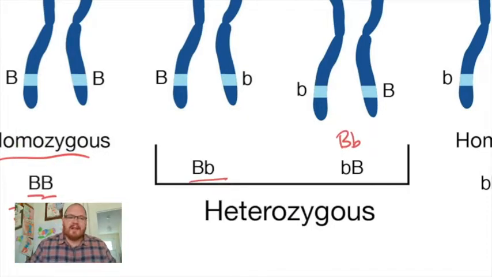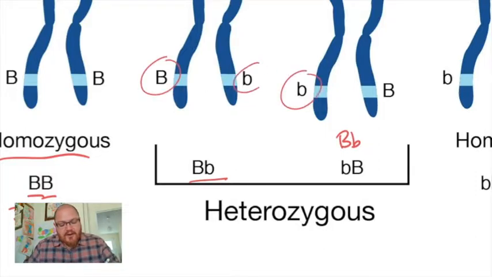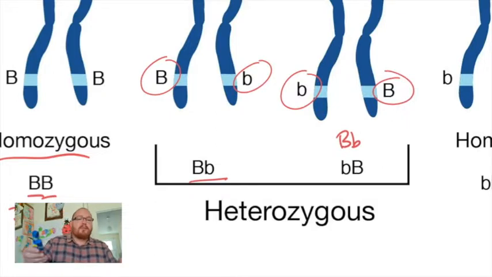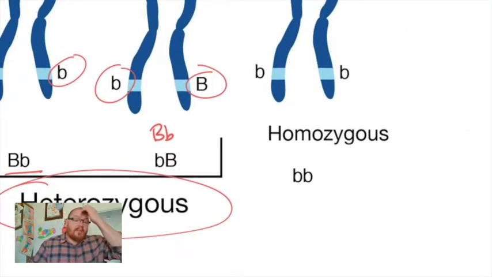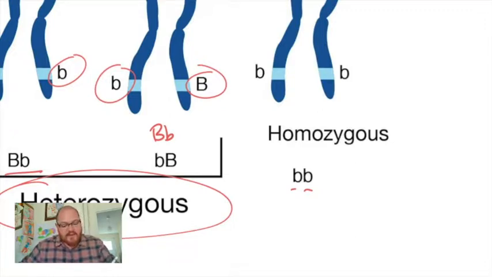We always put the capital letter first. So essentially they're the same. Can you see how this combination here, they're different, but they land up in the same sort of heterozygous, they're different heterozygous. And then the last combination really is homozygous, 2 little b's, but they're recessive this time. So this is homozygous recessive.